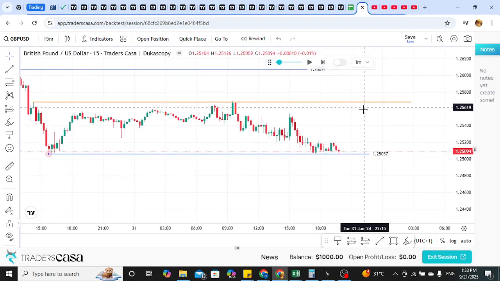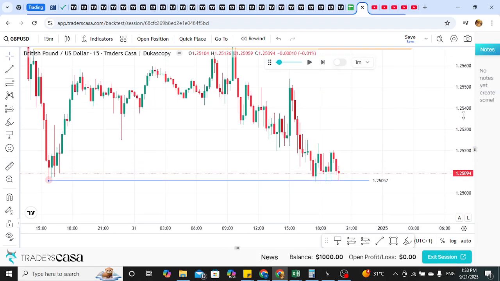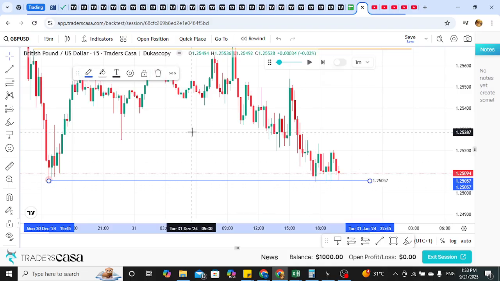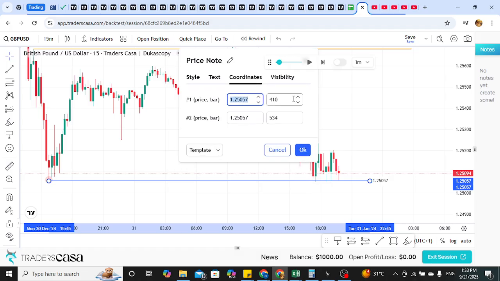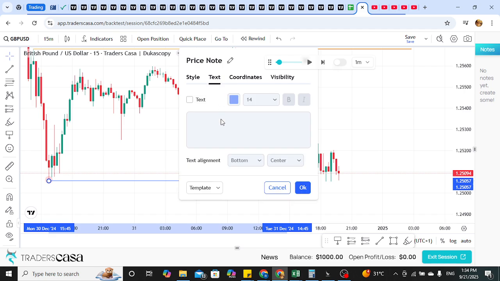Okay, so now, did any of these hit? Yes, this one hit. So what I do is I go here and I reduce this and I give it a label, but now we will not do that because there are no templates here. The text will be, this is a break of structure, BOS I will call it.